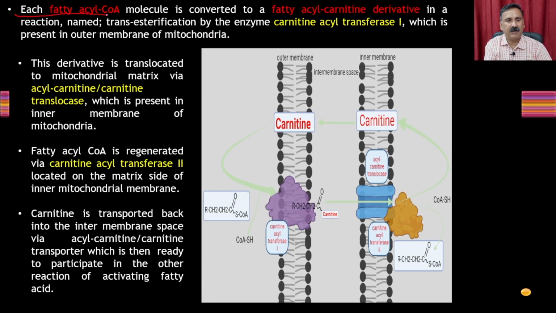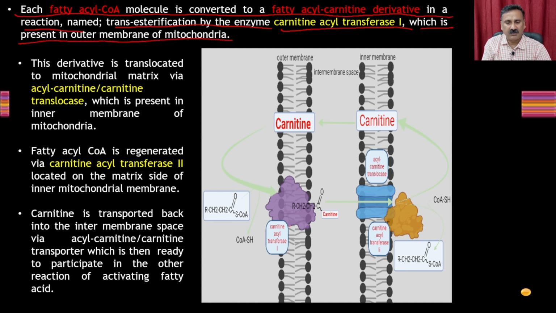Each fatty acyl CoA molecule is converted into a fatty acyl carnitine derivative in a reaction named transesterification, catalyzed by carnitine acyltransferase 1, which is present in the outer membrane of the mitochondria.